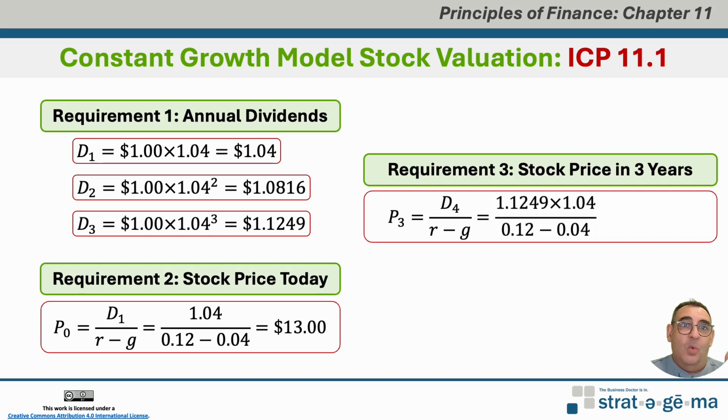We could take 1 times 1.04 to the exponent 4, and that'll give us the same answer as taking 1.1249 times 1.04 in the numerator, which is what I did. So that $1.1249 times 1.04 is what D4 is, divided by 0.12 minus 0.04, that gives us 14.6237. That's what the stock price will be 3 years from now.